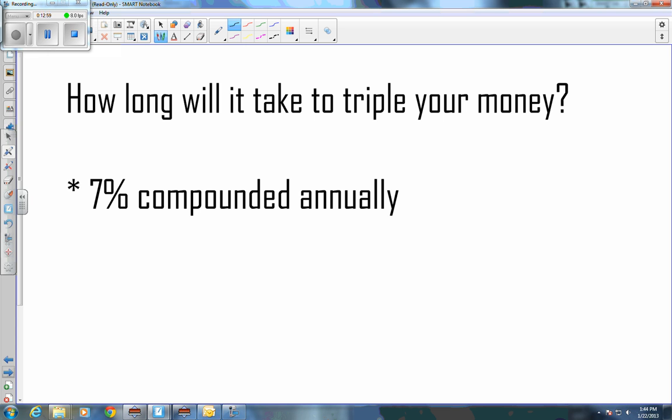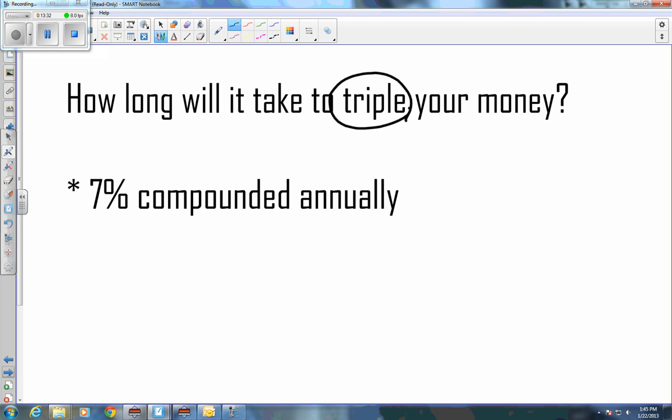Now, there's something else we can do with this formula. How long will it take to triple your money if I have 7% compounded annually? It doesn't give me any money amount, but it doesn't matter. All I want to know is how long it takes to triple my money. So if I put $1 in to begin with, how much do I have when it's tripled? $3.